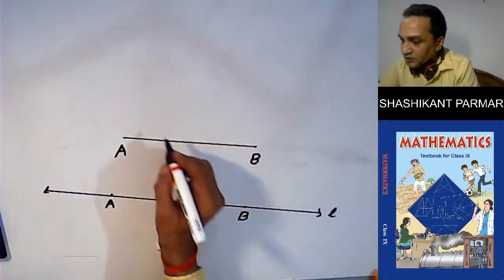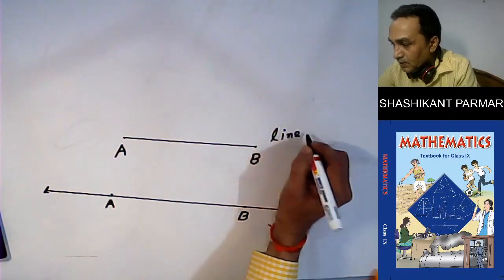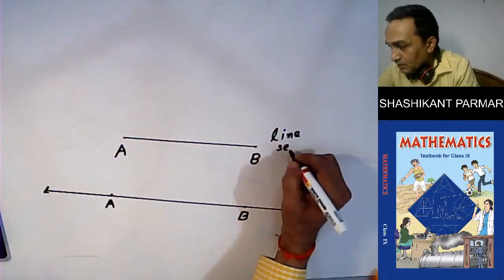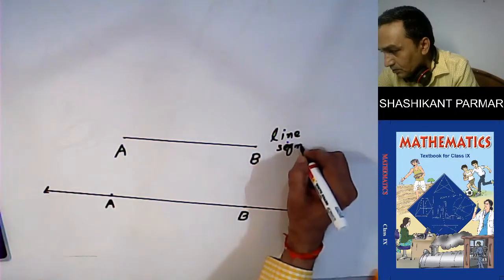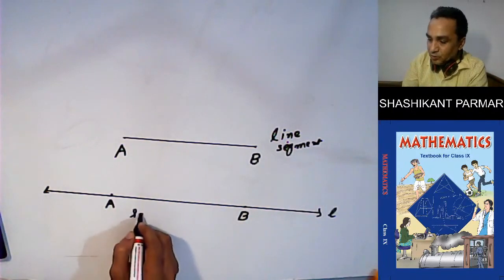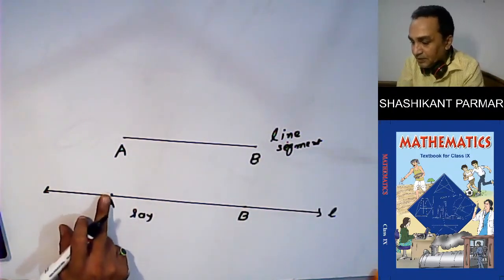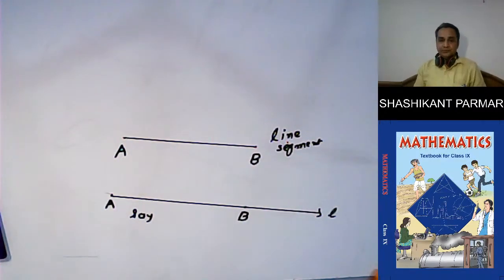So, this is called a line segment, and this is called a ray if with one end point, ray AB.